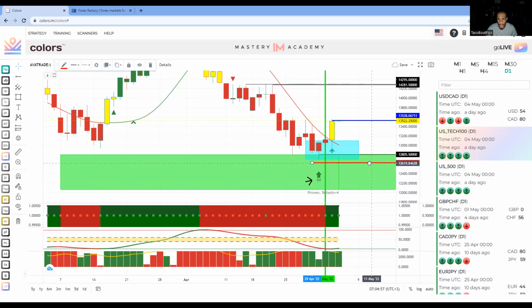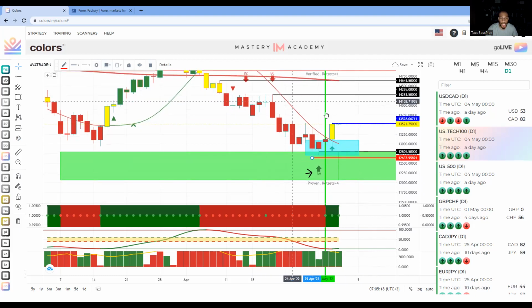So what I'm actually going to do, I'm going to have my stop loss below this structure. So I'm just going to do 12,630, just because my prices are a little bit different than this.